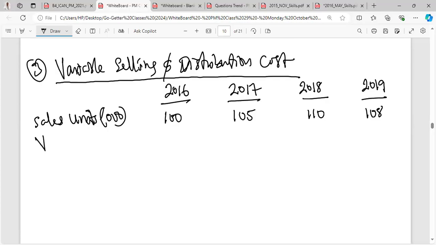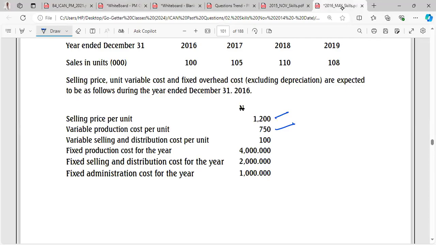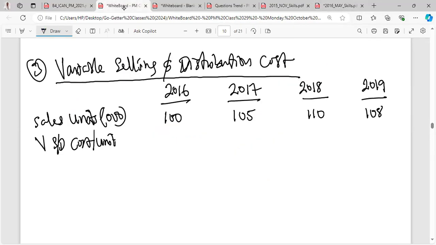Then variable selling and distribution costs per unit. We are told it's 100 naira. So this is going to be 100 multiplied by, we have inflation affecting it.